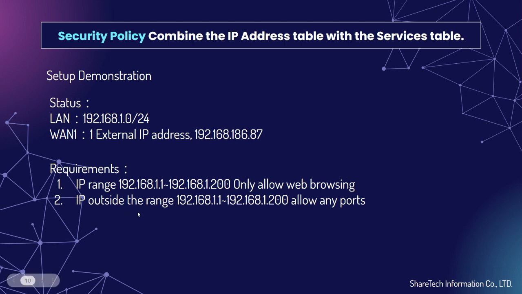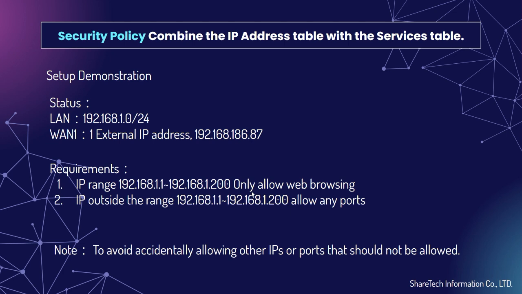The second one is IPs outside the range 1.1 to 1.200, allow any ports and any IP. And you have to note the rules to avoid accidentally allowing other IPs or ports that should not be allowed.